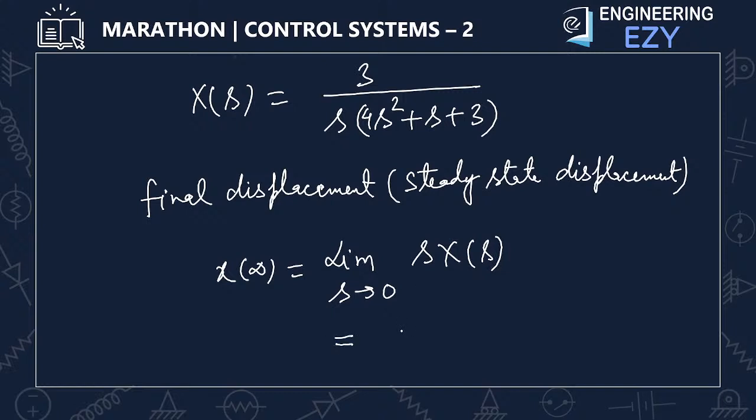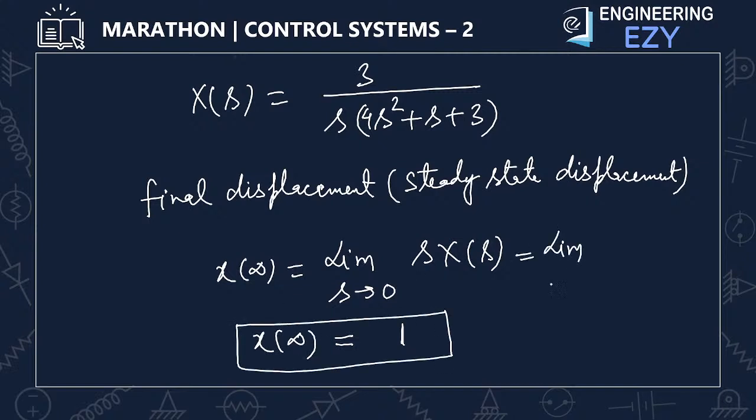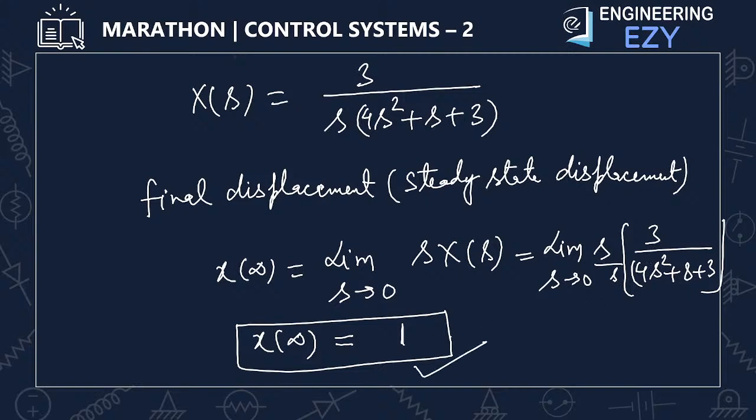And if you solve, you are getting 1. So Prasanjit has given the correct answer, x(infinity) as 1. Final displacement as 1, because if you put the value, you get the answer. It is so easy. So s cancels out, and after putting s equal to 0, you get the final value.